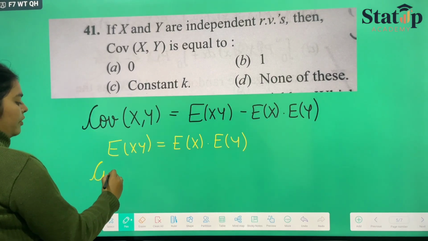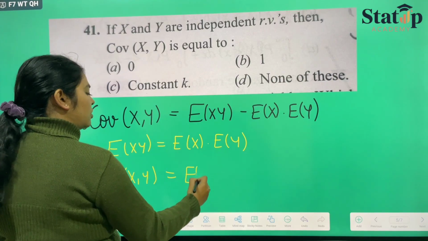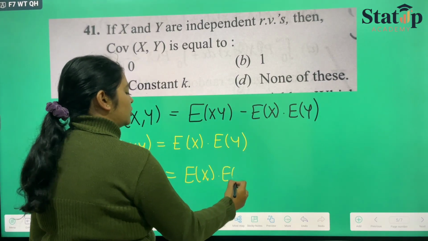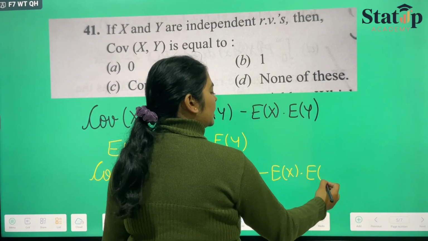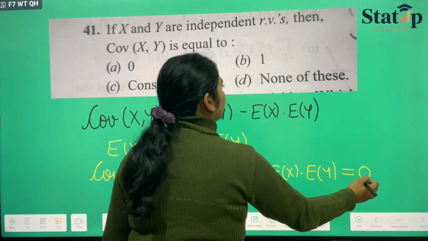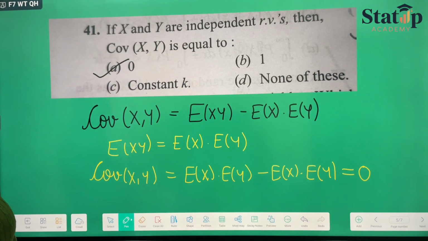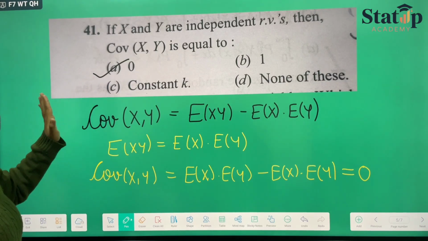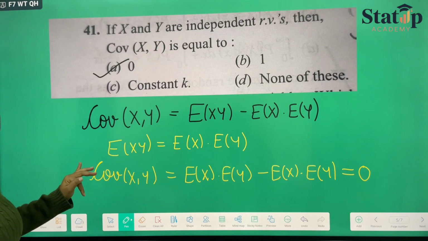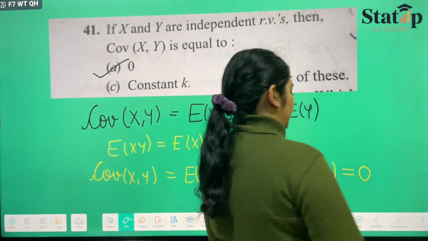So now the covariance of X and Y can be written as the expectation of X into the expectation of Y minus the expectation of X into the expectation of Y, which is nothing but 0. And hence we get option A as our correct option. This is one of the rules that they have asked directly. So instead of calculating it, you should just memorize that when X and Y are independent random variables, the covariance between X and Y is always 0.